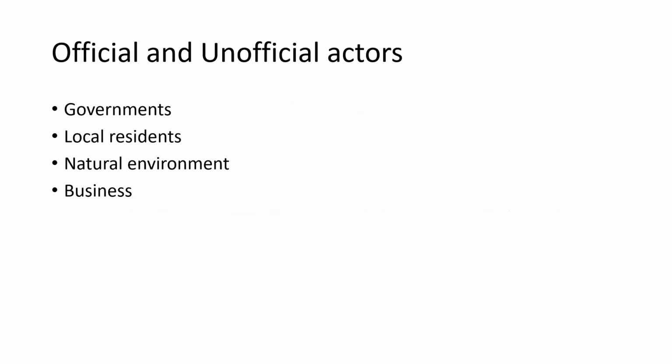The official actors in the project include governments, residents, the natural environment, and businesses who want to develop the project. Residents are directly impacted by environmental degradation. The government takes the most responsibility for protecting the environment.